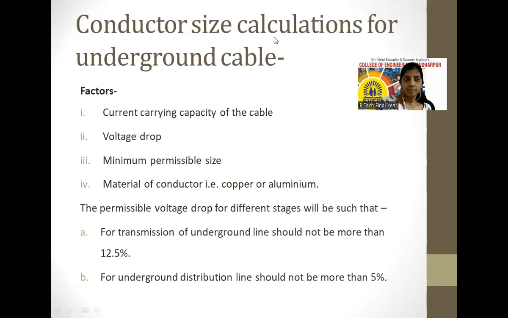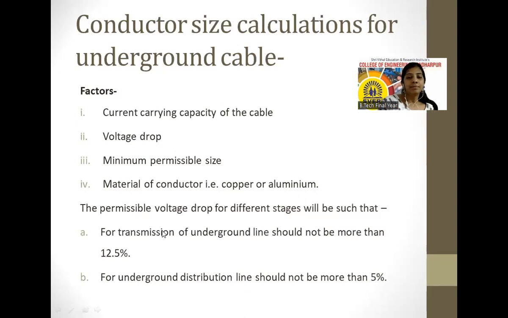One plus 2% of supply voltage. And if the load is industrial, in that case, what are we doing? One plus 5% of supply voltage. Very good. By using these formulas, we are calculating the voltage drop.